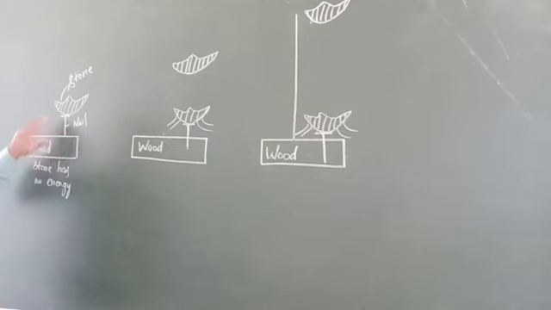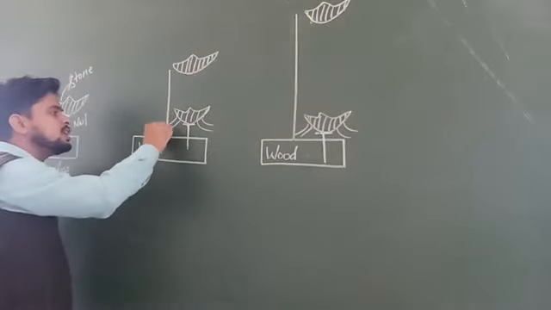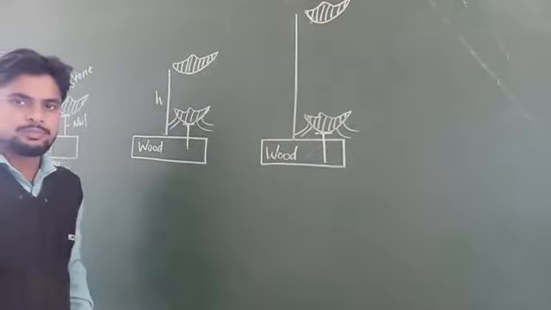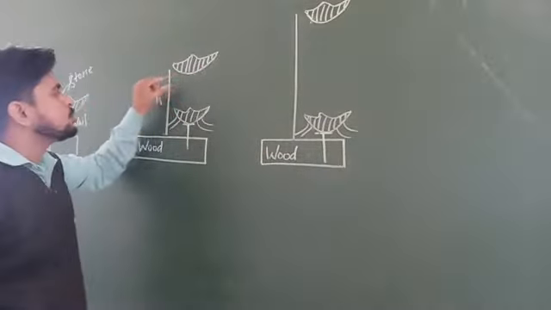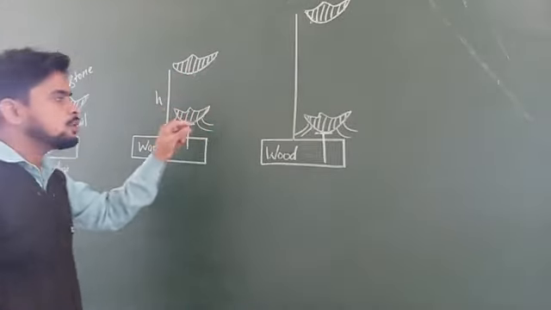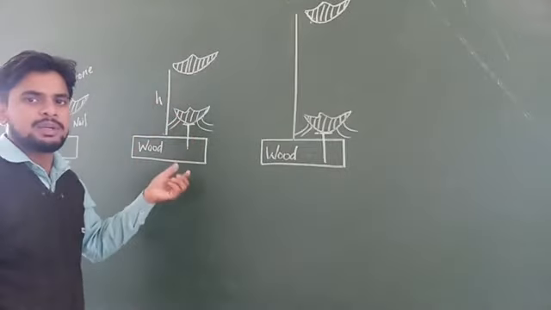Now what happens if we raise this stone by a certain height from the ground? Let us say we have raised the stone to a certain height h. When we raise the stone to a certain height h and release it, we observe that the stone has acquired some energy.